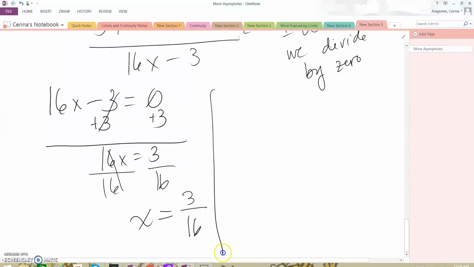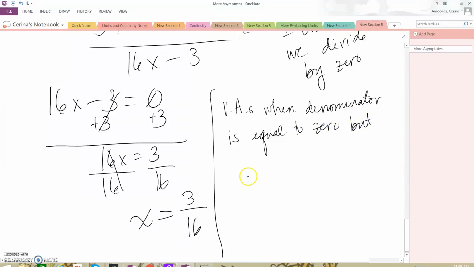Now, quick note, okay? Vertical asymptotes happen when your denominator is equal to 0, but not your numerator.